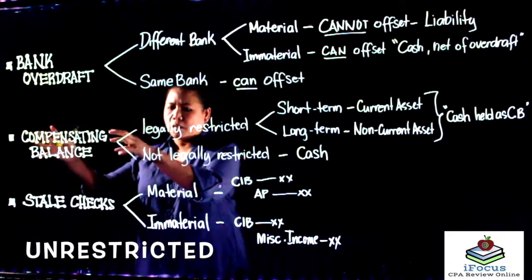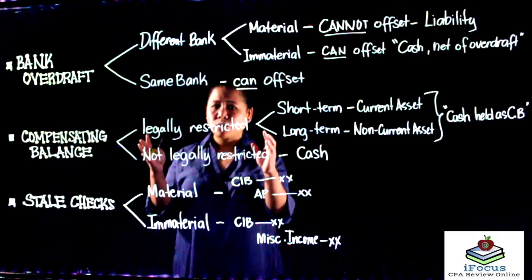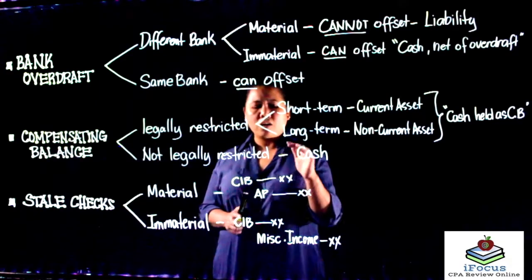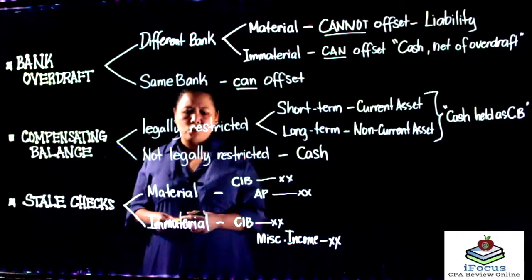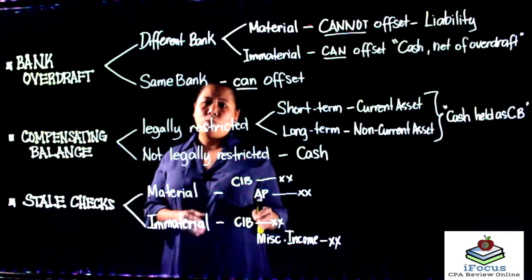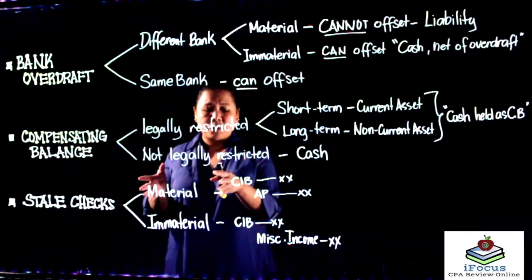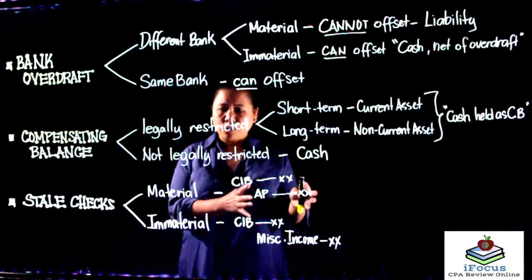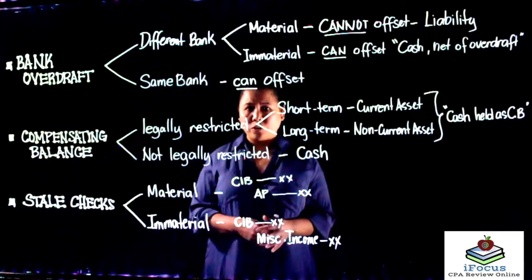So if it's material or immaterial, both we will revert back to cash in bank, but when it's material, we credit accounts payable, and if immaterial, we credit miscellaneous income.